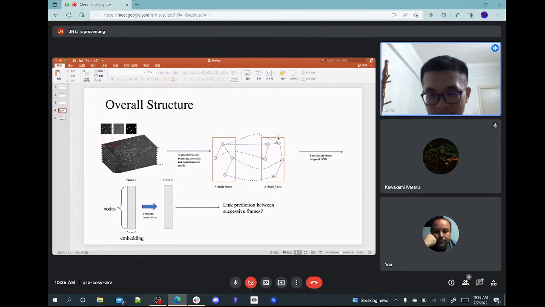I think this edge in the same frame just helps us to propagate information, propagate messages in a single frame, in a single graph. It doesn't mean that when each edge connects two nodes, the two nodes come from the same mother cell. It doesn't mean that, right?